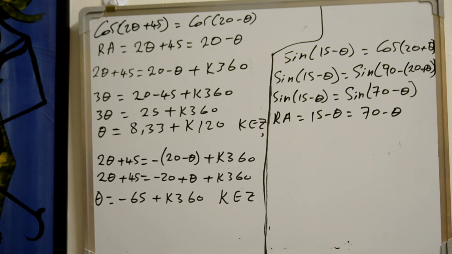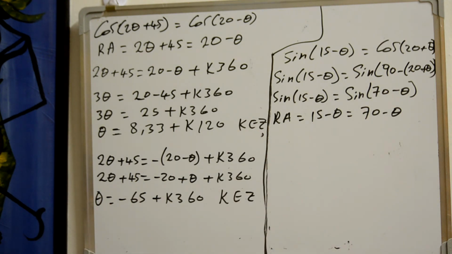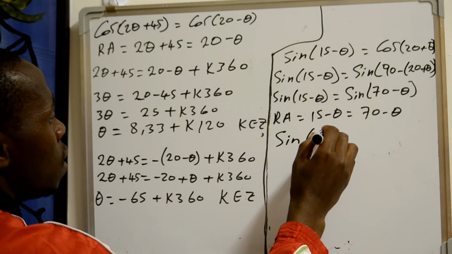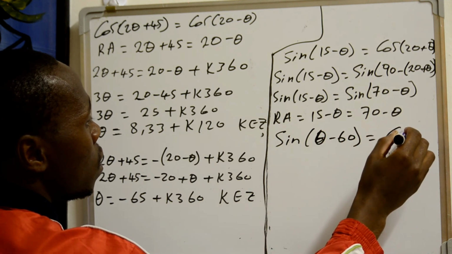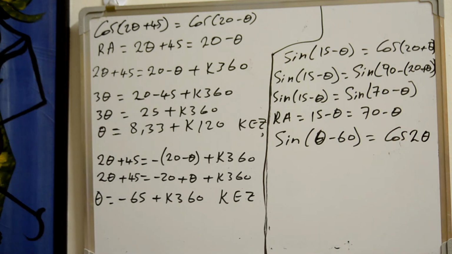But what about another case where the ratios are different? How do you go about such situations? These are interesting questions. For example, you solve the general solution and get your answer, you don't have a problem. But what if now sine of theta minus 60 equals cos 2 theta?